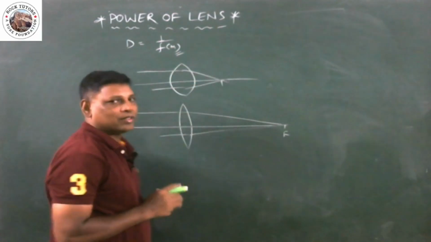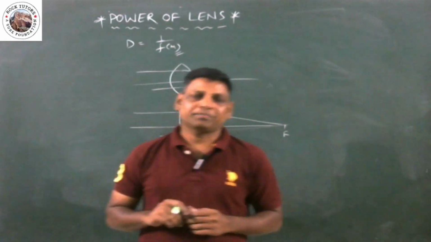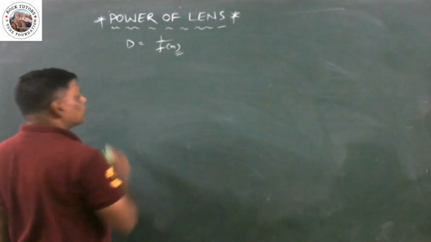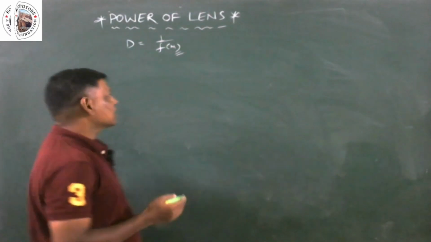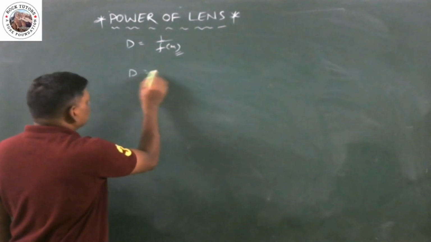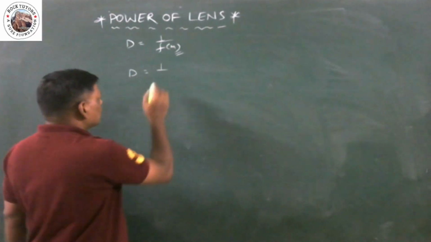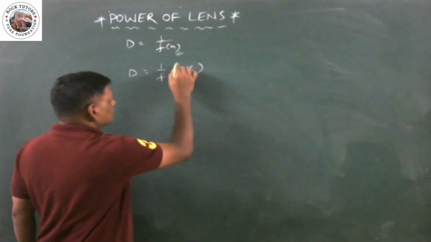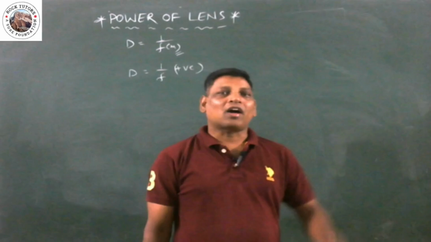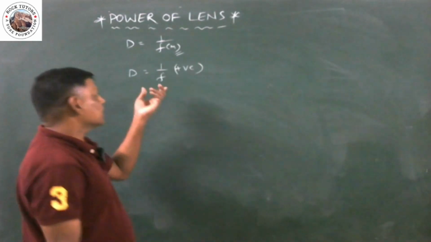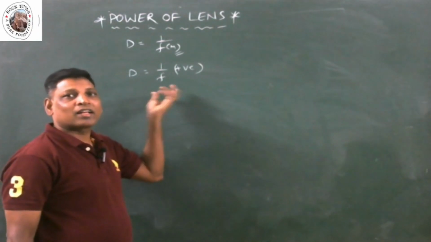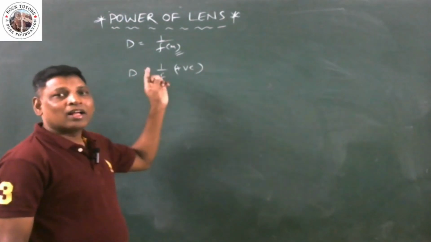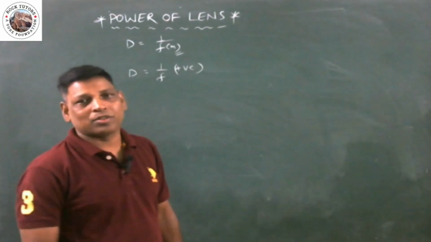This is important. And the next point: power of lens for a convex lens, D is equal to 1 by F, positive. You know that for a convex lens, the focal length sign convention is positive. That's why for a convex lens, power of lens is positive.